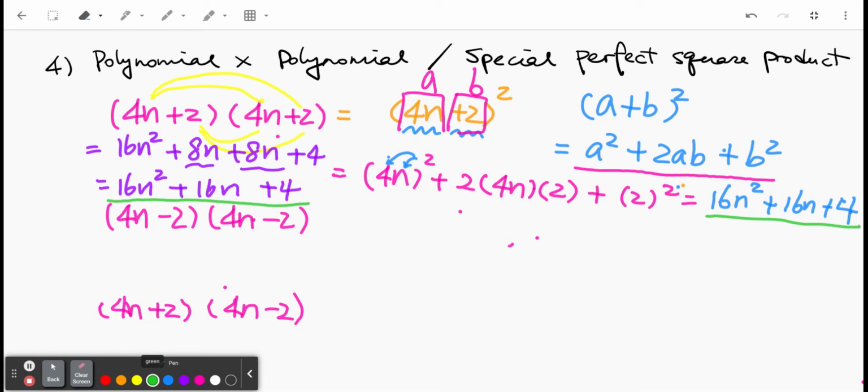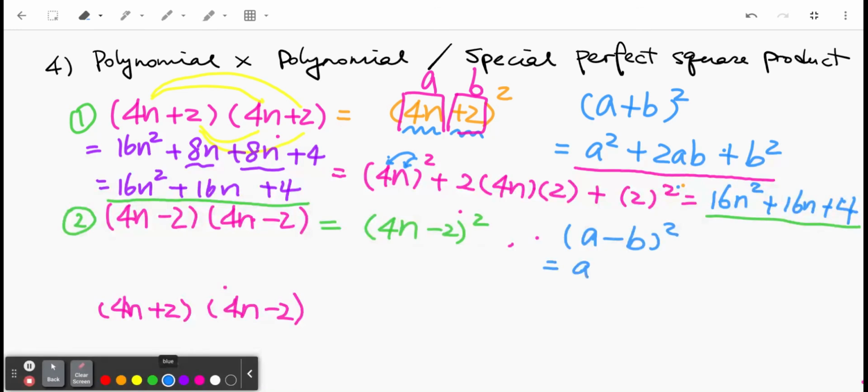So that's case number uno. Second one, numero dos. You have this, you can rewrite that as 4n minus 2 squared. So we have another special case, which is a minus b squared. It also has a formula, which is a squared minus 2ab plus b squared.